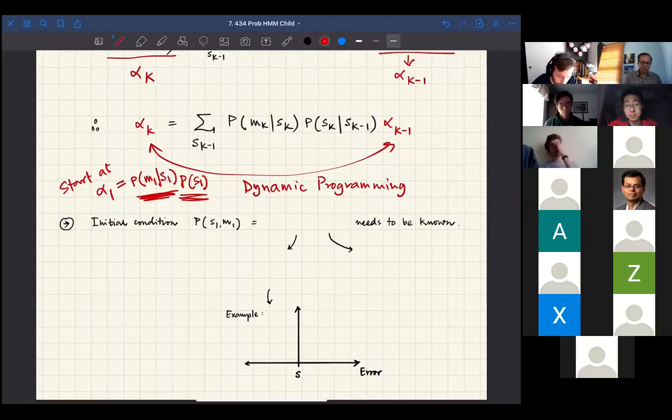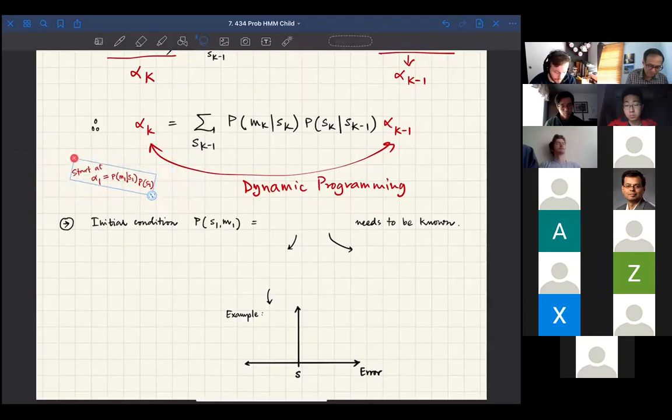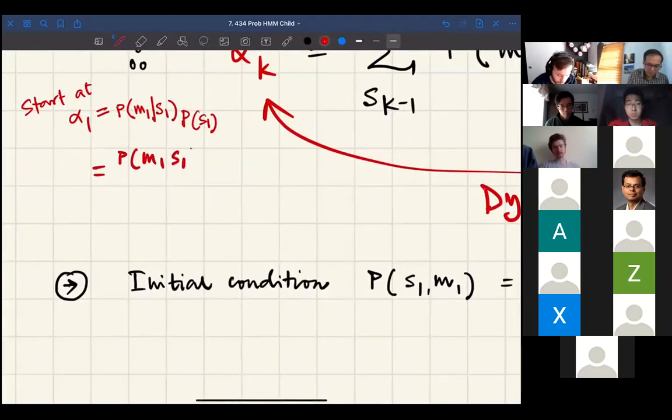Okay, very good. So if you think about this, this becomes P of M1, S1 divided by P of S1, multiplied by P of S1. So that becomes only P of M1, S1. Okay, let me write this out just for clarity's sake. This is equal to P of M1, S1, divided by P of S1, times P of S1.